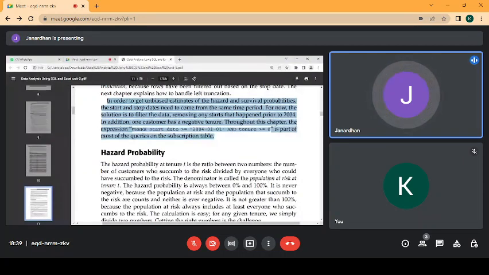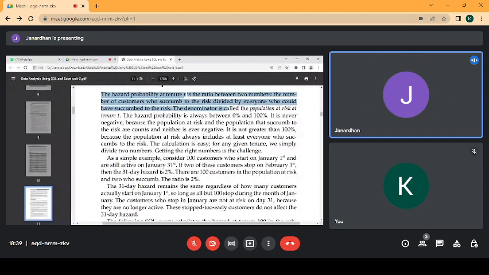Next is hazard probabilities. Hazard probability at tenure T is the ratio between two numbers: the number of customers who come to the risk, divided by everyone who could have stopped at this tenure. The denominator is called the population at risk at tenure T. The hazard probability is always between 0% and 100%.